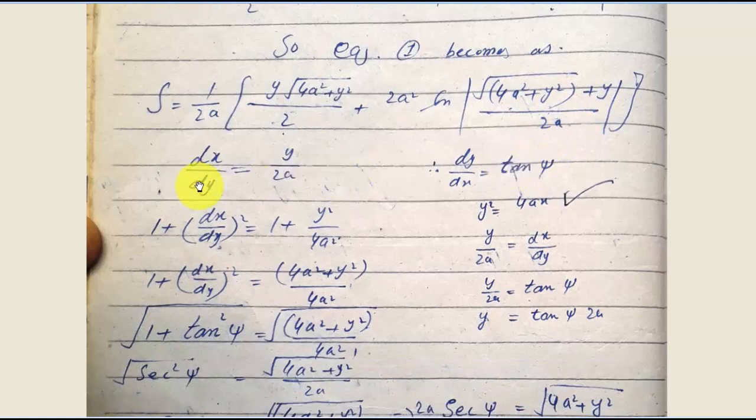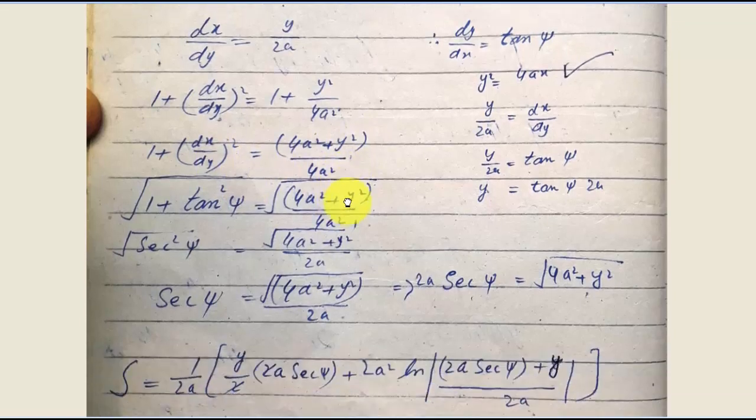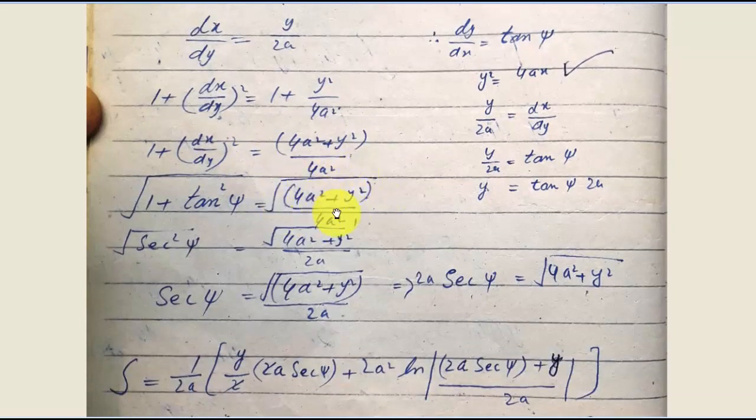Now dx over dy is equal to y over 2a, and dy over dx is equal to tangent psi, which was explained at the start of the question. Adding 1 on both sides, 1 plus (dx over dy) square is equal to (4a square plus y square) over 4a square, taking the square root of this. This is equal to tangent square psi, and 1 plus tangent square psi is equal to secant square psi.